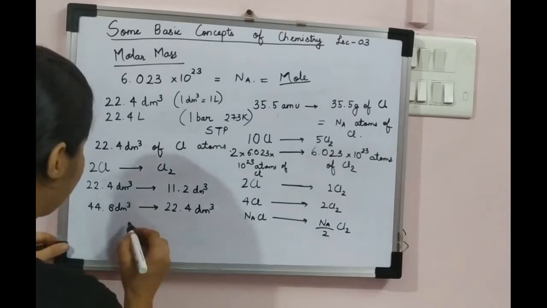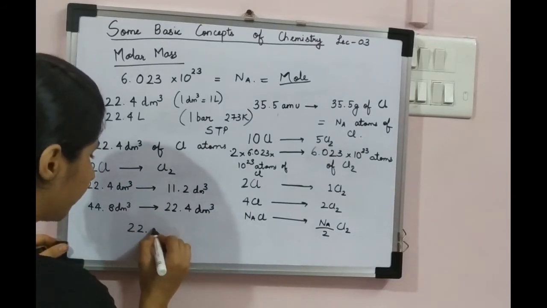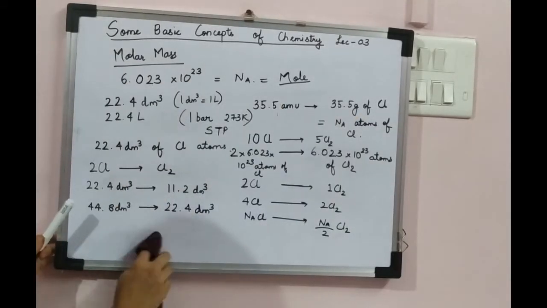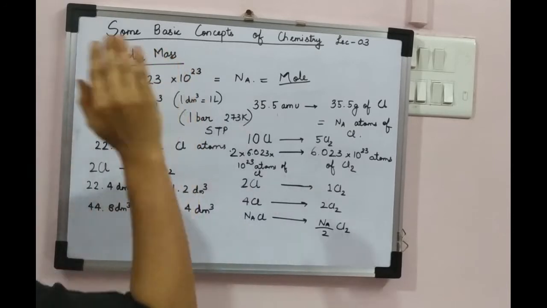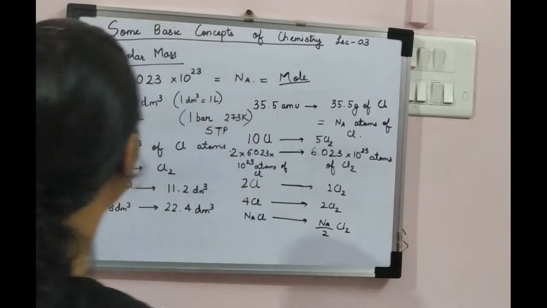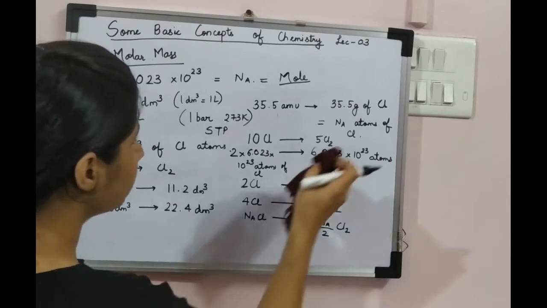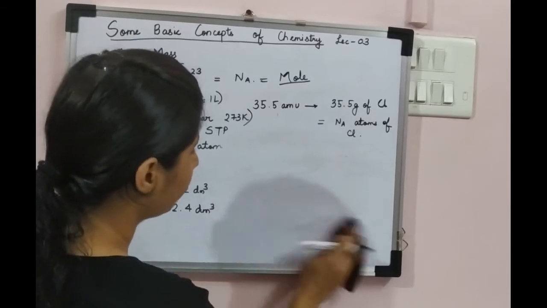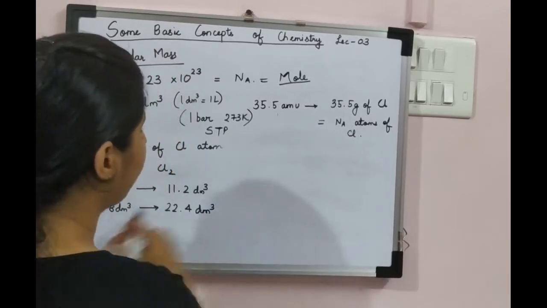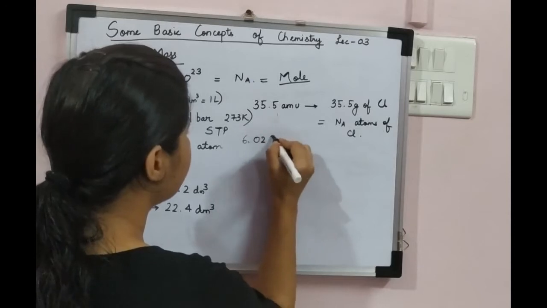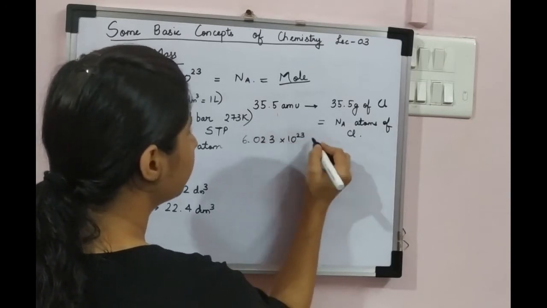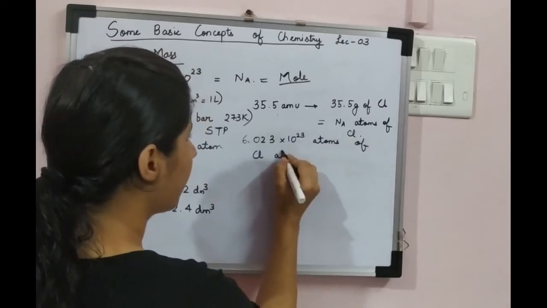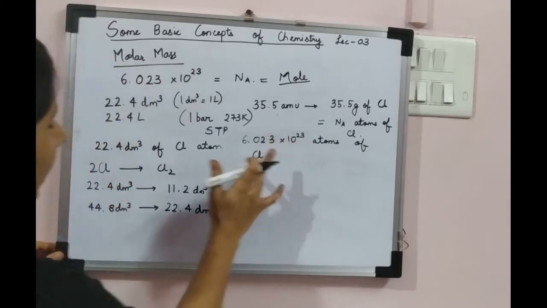So when I make such statements, when I have 6.023 into 10 to the power 23 atoms of chlorine, I am speaking of atoms. Let me summarize.